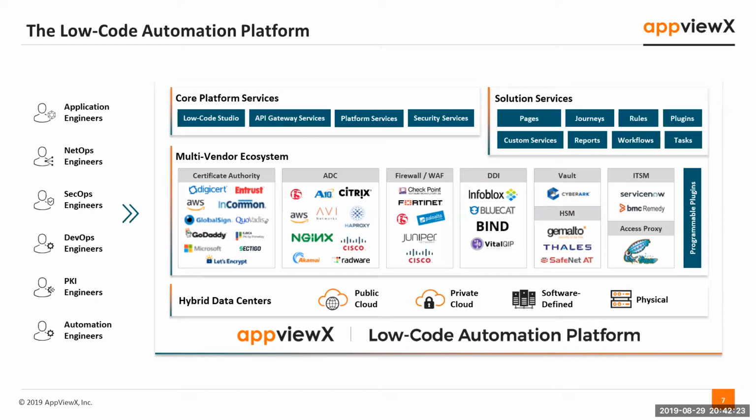So in the case that you have application support members, network ops engineers, security ops, DevOps, PKI administrators, the AppViewX platform can extend to those individual technology skill sets the necessary rights, permissions, and visibility into your multi-vendor ecosystems so that you can orchestrate successfully and reduce the amount of time that it takes to not only deploy, but manage your application delivery and automation.